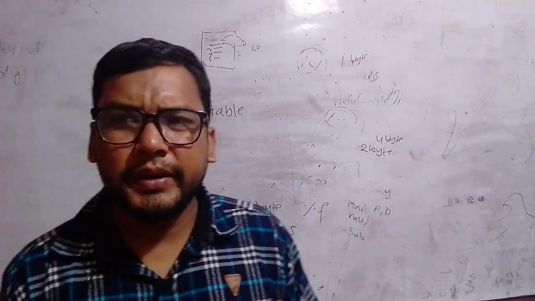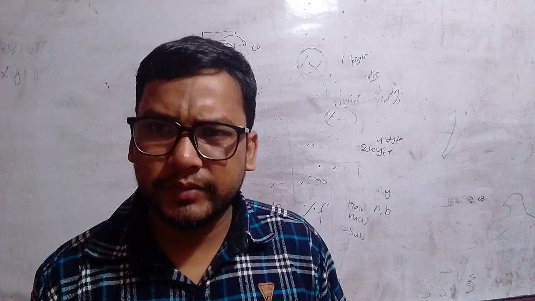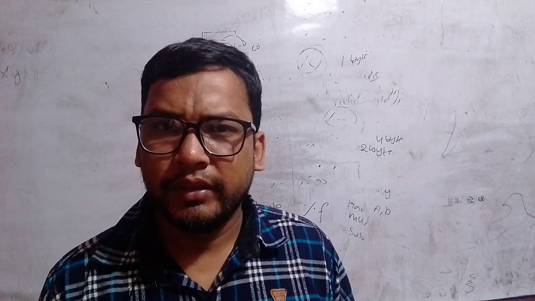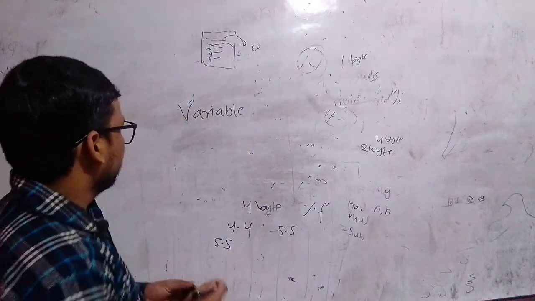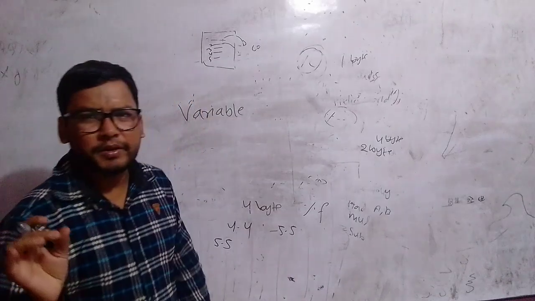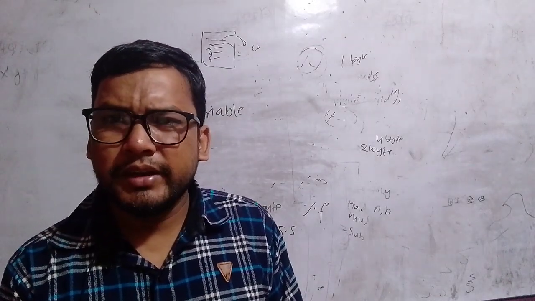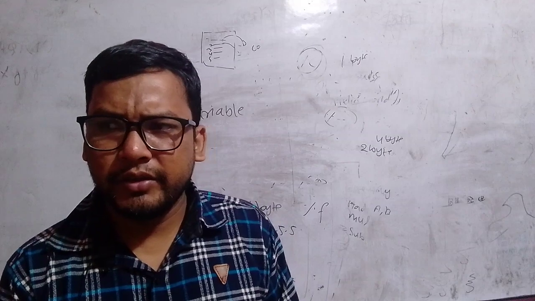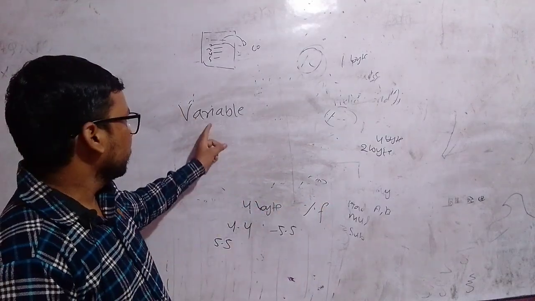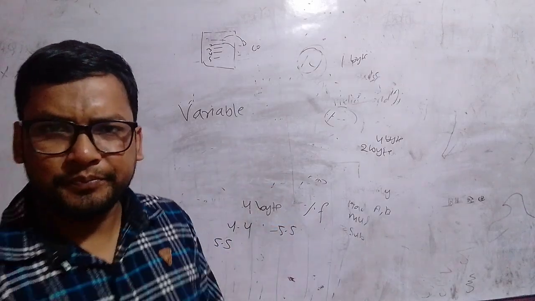What is the variable? Variable is just a name that stores data. Variable is the name of the memory. We give a name to the memory by a certain letter or certain word. These are called variables. Variable stores the data of a certain type.